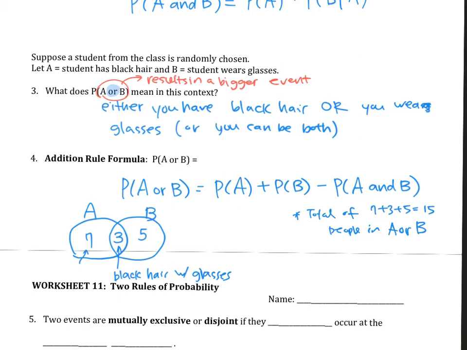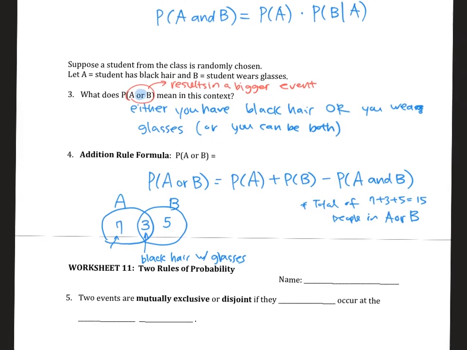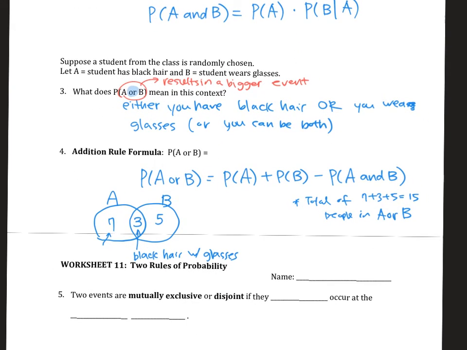If I calculate A separately, that will be 10, right? So I know there are 15 people in this event. If I just look at A, there are 10 people who have black hair. If I just look at the people who have glasses, there are 8 people. So if I just do 10 plus 8, that will be 18. But I know there are only 15 who are in A or B. Why is that?